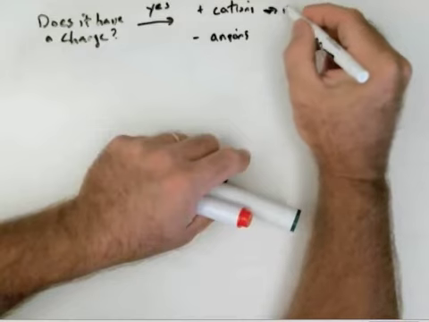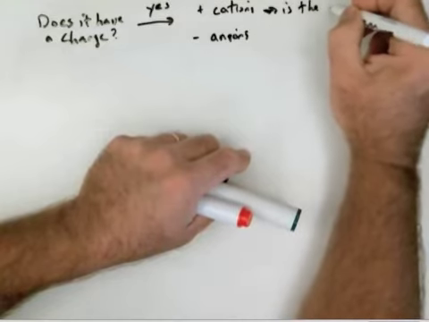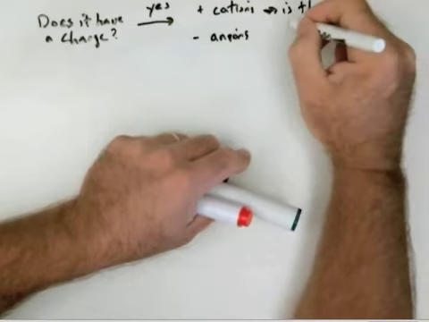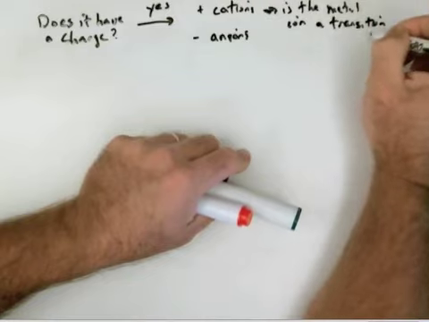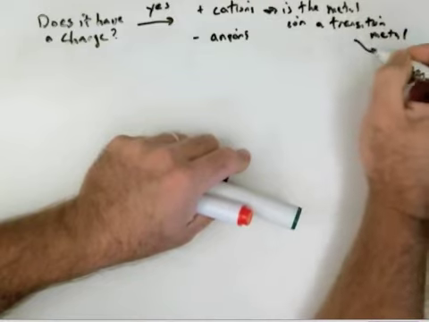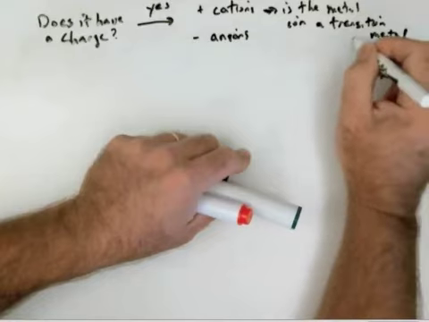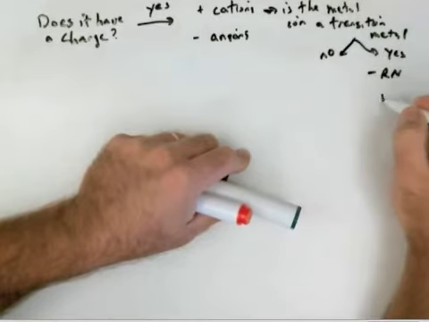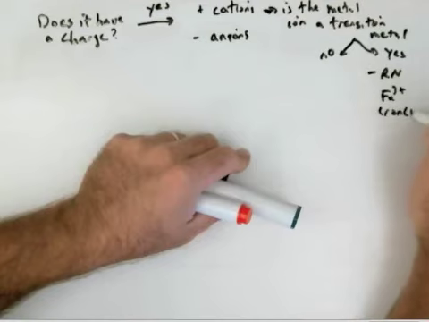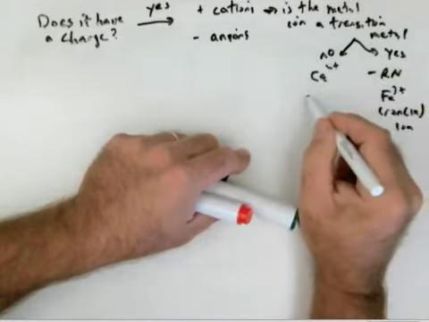Is the positive ion, the metal cation, a transition metal? Because if the answer was yes, we need Roman numerals. And if the answer was no, you don't need Roman numerals. And so the examples of that were iron(III) ion needs a Roman numeral, and calcium ion does not.